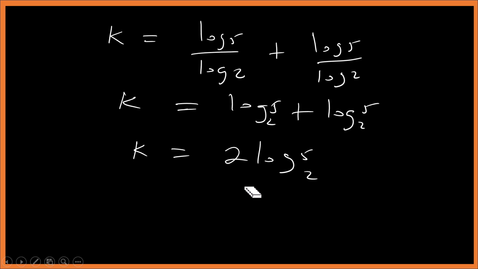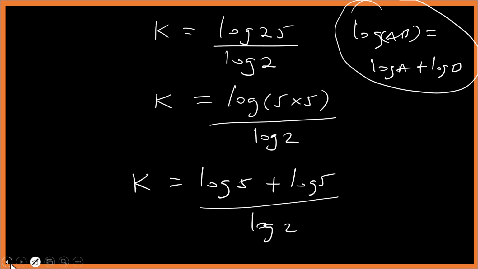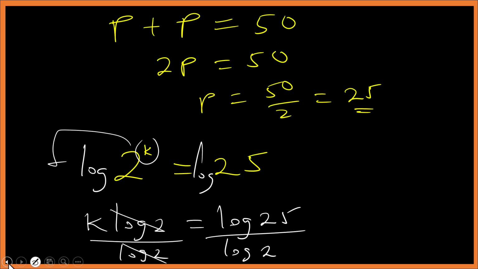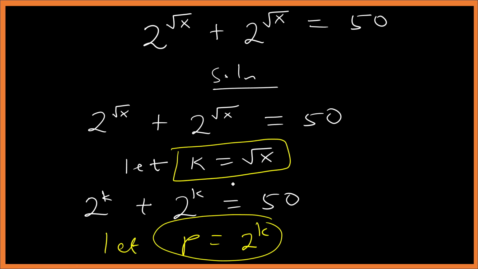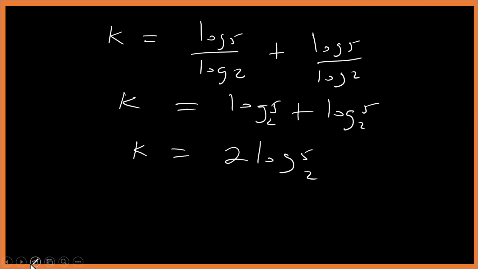Now let's go back to where k is, then do substitution. So we have k here. K equals the square root of x. So k is square root of x.